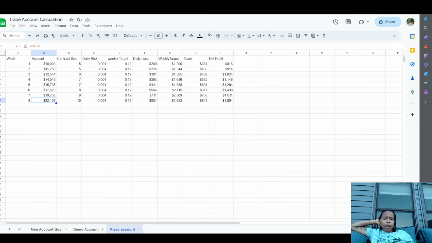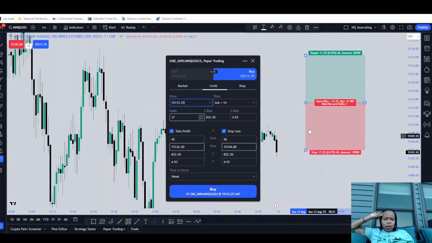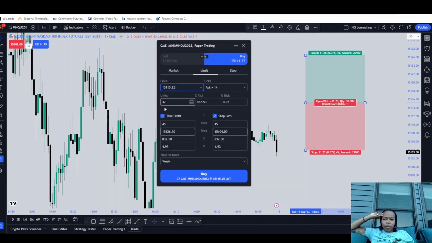Now, I was taking a look at what it would mean to trade a very specific amount on the micros. Let me swap this over to the charts for a hot second. If I were to create just on the micro, we start off with 5 contracts, and I'm risking 40 ticks for a stop.